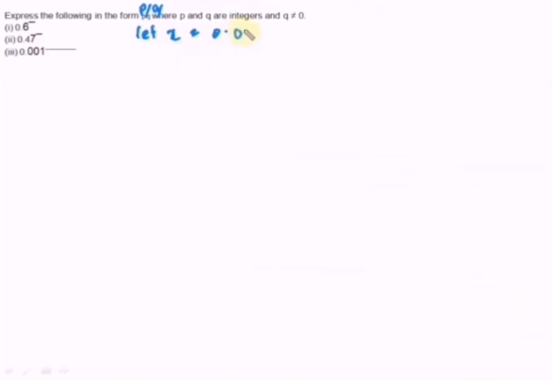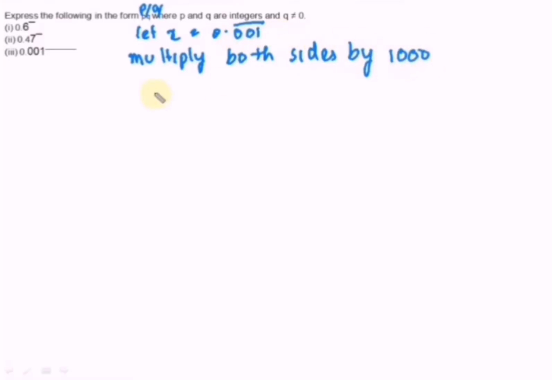Now the last sum of this question, 0.001. So let x be 0.001. Multiply both the sides because three numbers are going to repeat. You are multiplying both the sides by 1000. So 1000x is equals to, so the point shifts over here. This number is 0.001 and the point will shift. Okay, so it becomes 1.001.